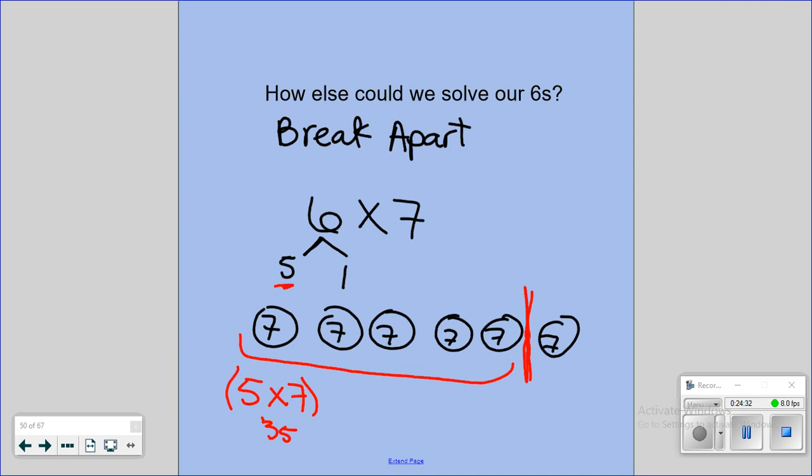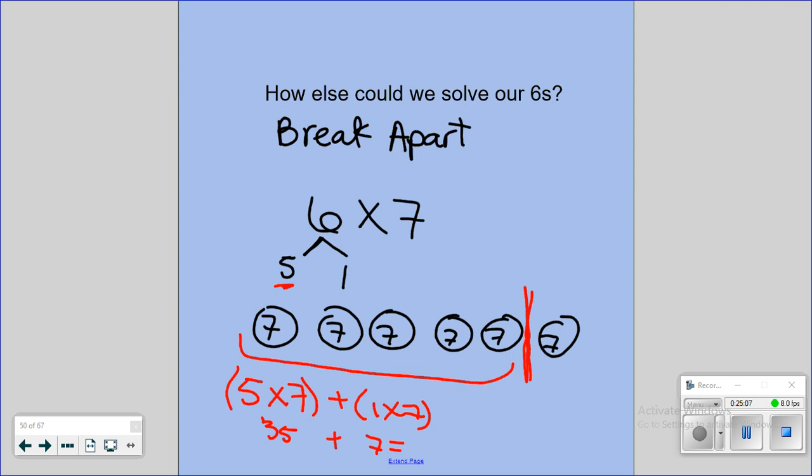But it's 5 groups of 7 what I'm trying to find. No, I still have that lonely group of 7 that I picked out. So I need to add that lonely 1 group of 7 back. What is 1 group of 7? 7. Gwen, what is it? 7. Then I can do 35 plus 7.